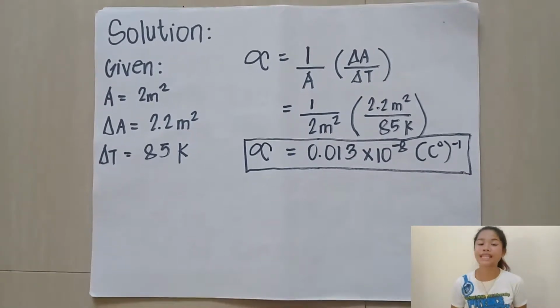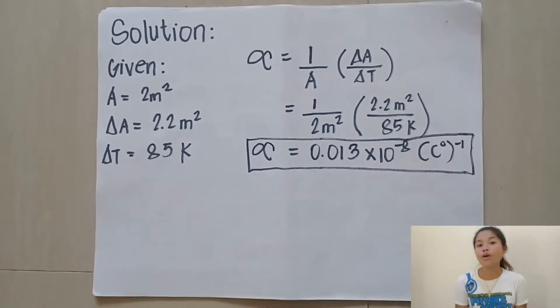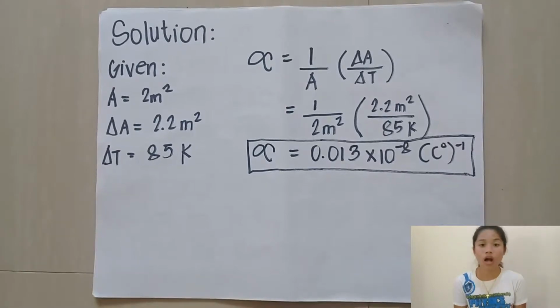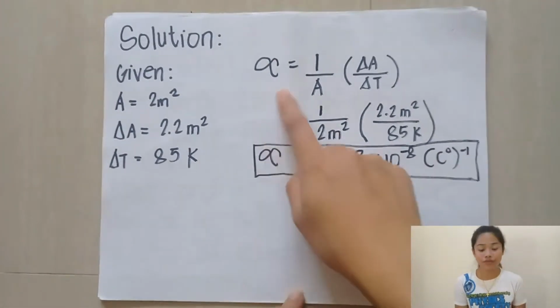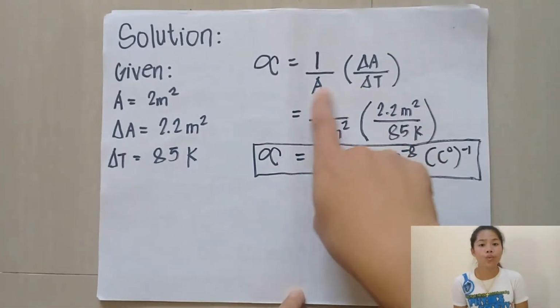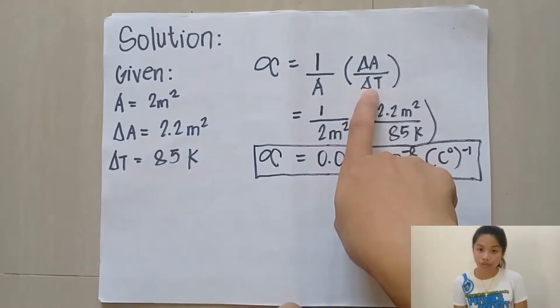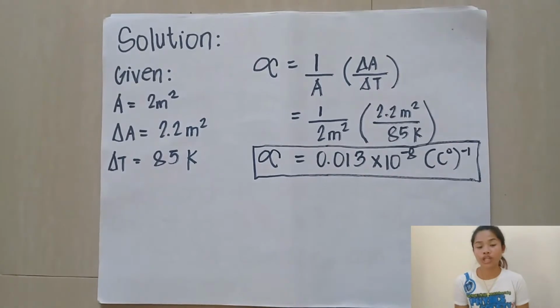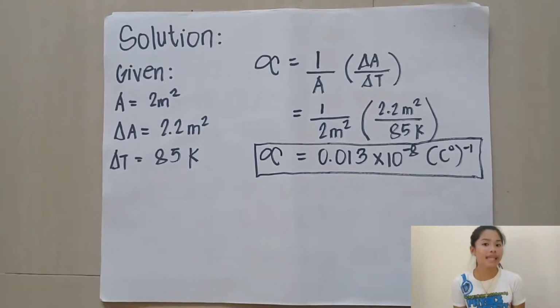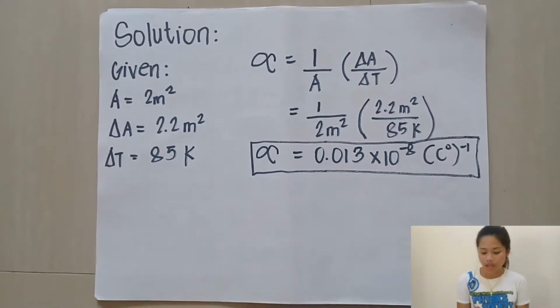So, manipulating that equation, we will now come up with the equation of alpha is equal to 1 over A times delta A over delta T, which we can find what is the alpha.